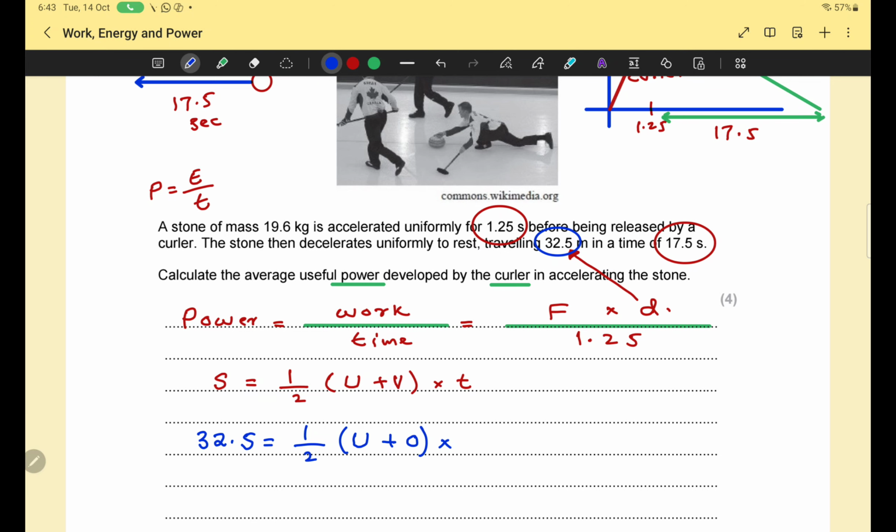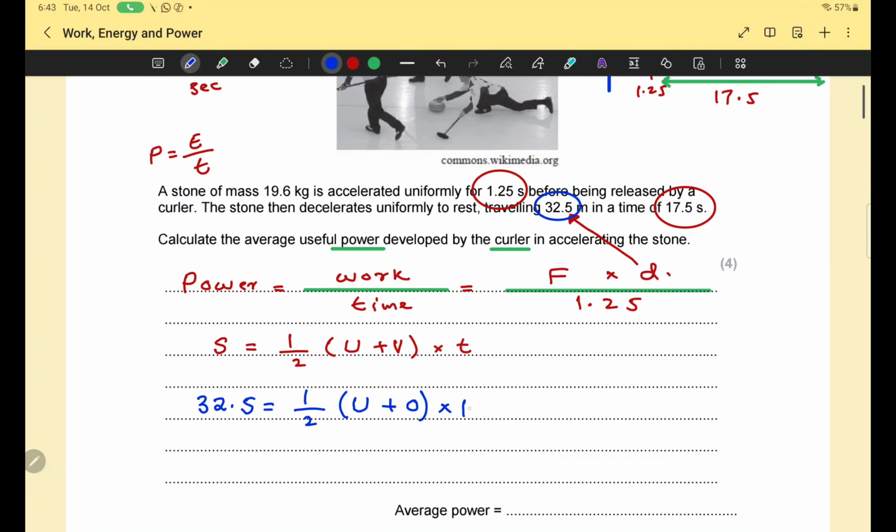And how long does it take to come to rest? Sir, this time is 17.5 seconds. So you should calculate u, the velocity with which the curler released the stone, and this u will be 3.71 meters per second.